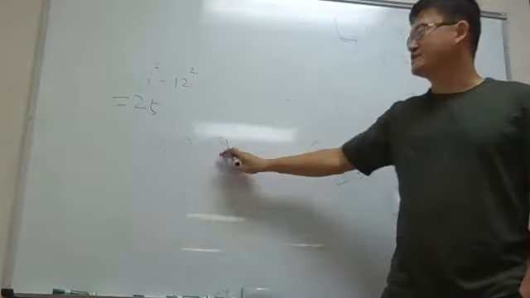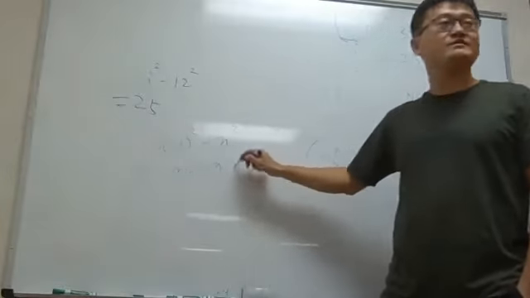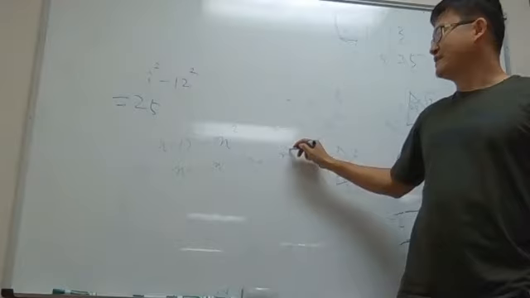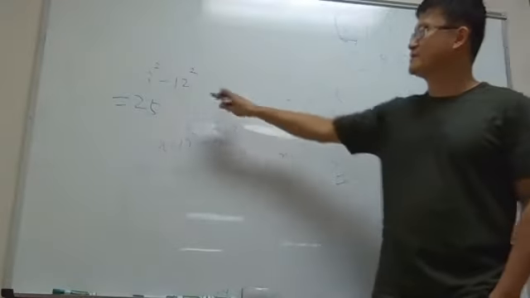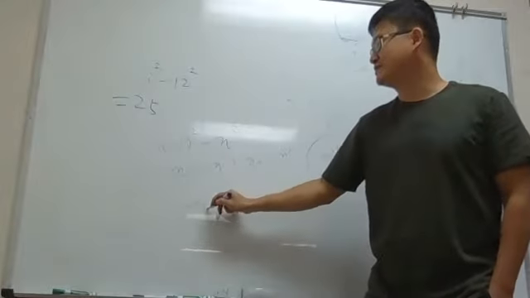Because x squared minus y squared is x plus y times x minus y, and x minus y is always 1 because they differ by 1. So it's just 2n plus 1, right?